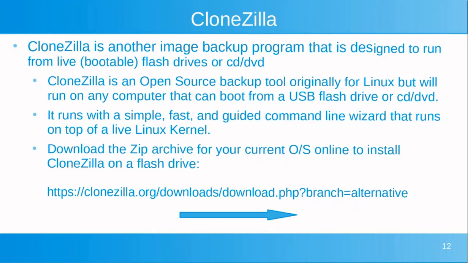Originally, when it first came out for Linux, it'll run on any computer that can boot from a USB flash drive or CD/DVD. It runs with a simple, fast, and guided command line wizard that runs on top of a live Linux kernel. You download the zip archive for your current operating system online to install Clonezilla on a flash drive. Here's the link. Let's go take a look at that.